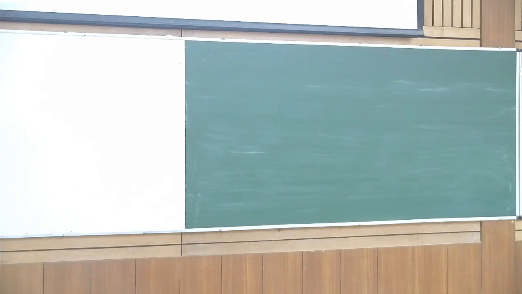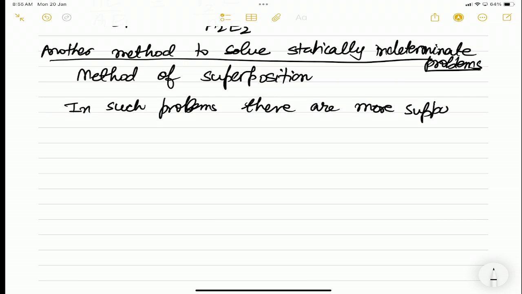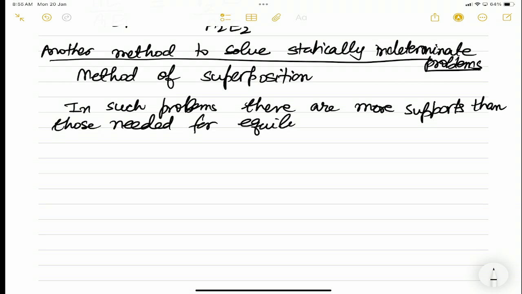So, here in such problems what we do is, if in such problems there are more supports than those needed, a problem becomes statically indeterminate if you have extra supports.